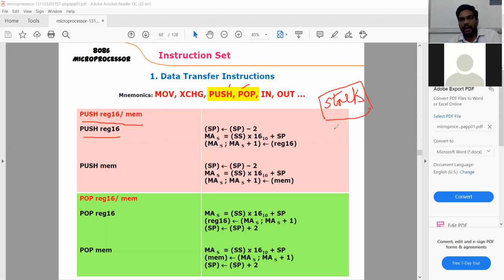Suppose we have a stack like this. Stack is nothing but a rack. We have racks inside our houses, just like a rack here. The rack will have different slots, like this. Each and every slot is represented as a memory location.